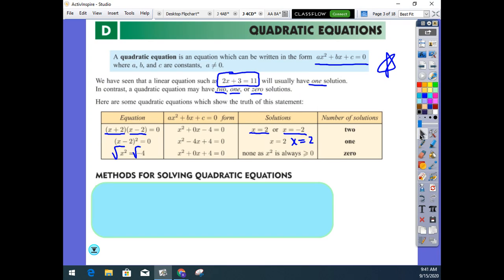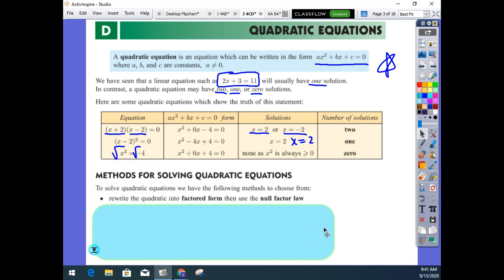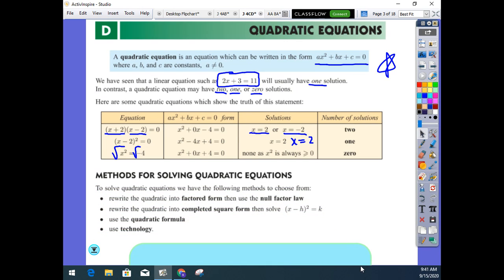So, ways that we can solve. We can factor it and then use the null factor law, which was previous. Complete the square, the formula, technology, and really the letter B was the square roots.